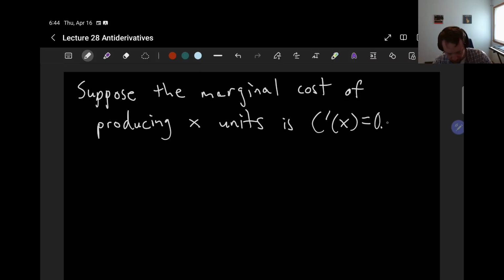equals 0.03 times e to the 0.02x. Turns out we will need a little bit more information if we want to find the cost. And I'll explain.